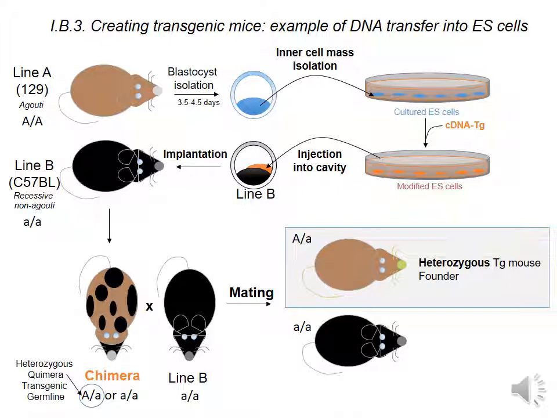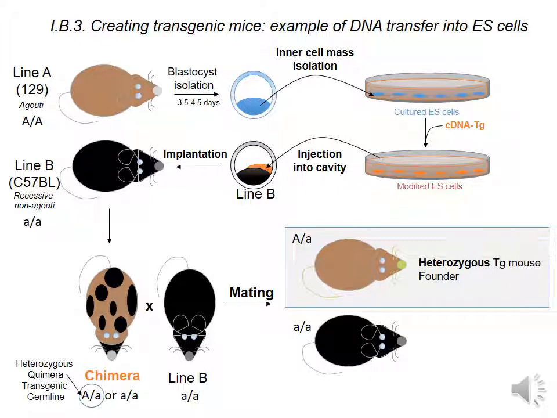All the agouti animals are supposed to be transgenic, and they will be screened for the presence of the transgene, and we will remove all the black animals from the analysis.